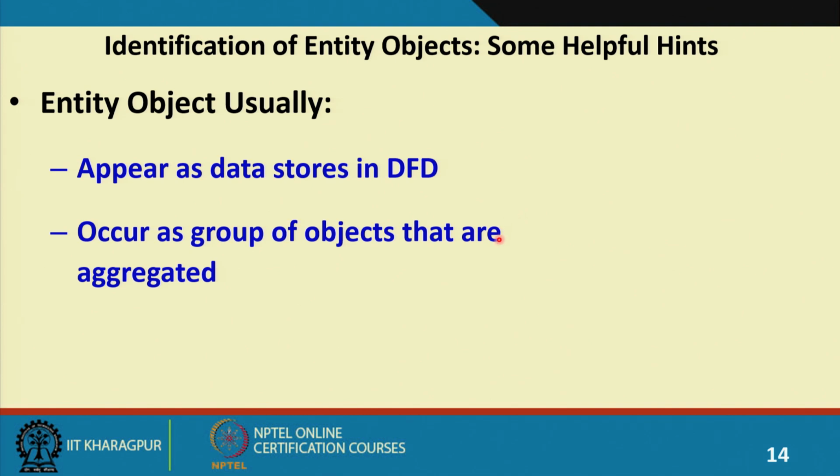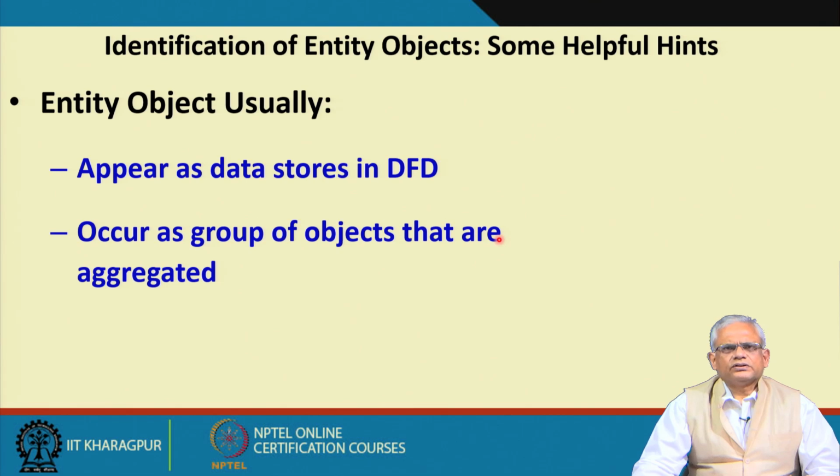The entity classes in almost all cases occur as an aggregation. There are only a few cases where entity classes may appear isolated as a single class, and later once we discuss design patterns, we will look at the singleton pattern, which deals with entity classes which are singleton.